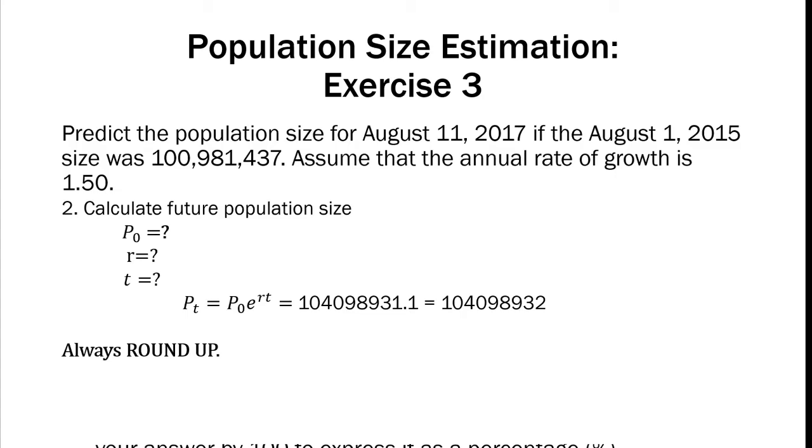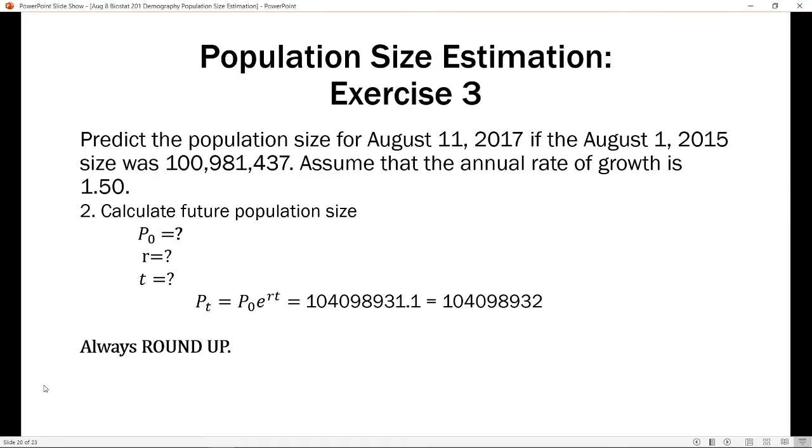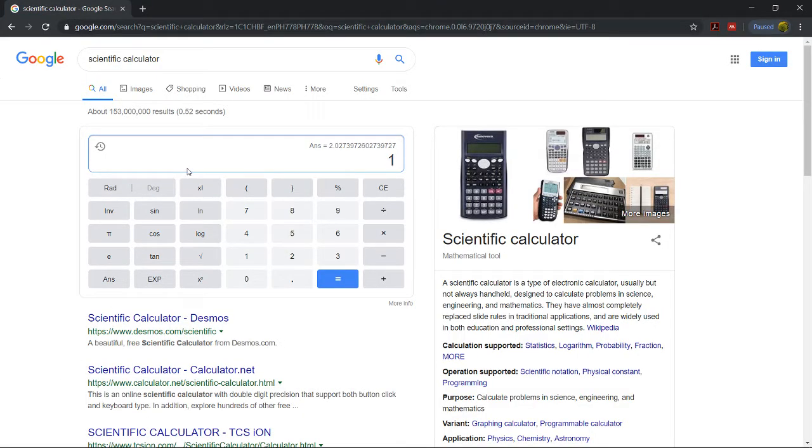You have past population size, which is 100,981,437 multiplied by e raised to the rt. So e, and then r would be 1.50.